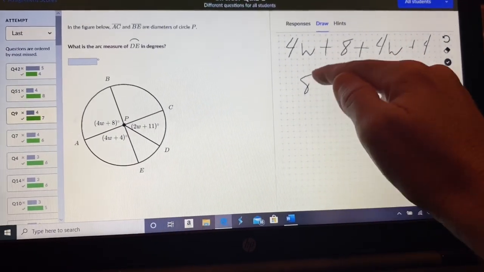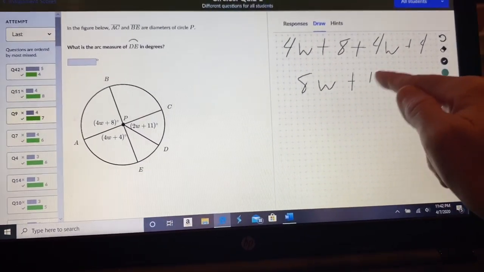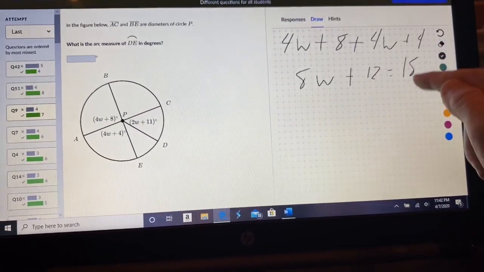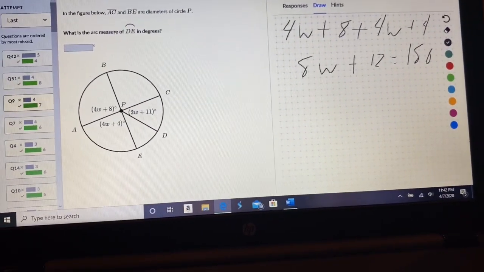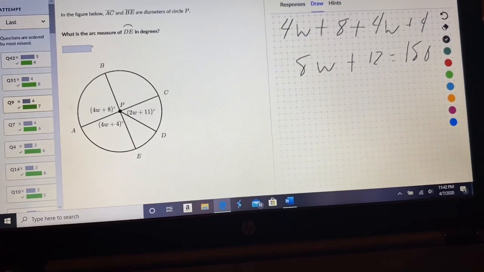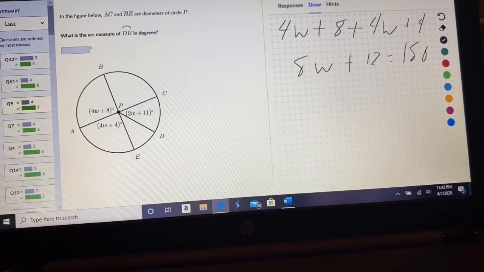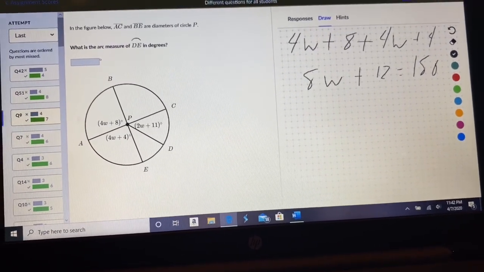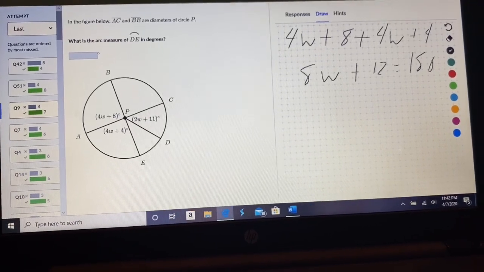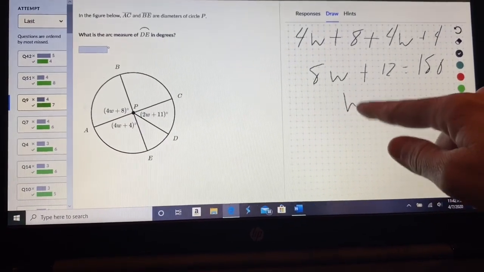That adds up to 8w plus 12 equals 180. In solving that equation, if you take 180 and subtract 12, you get 168. When you divide that by 8, you get 21 for W.